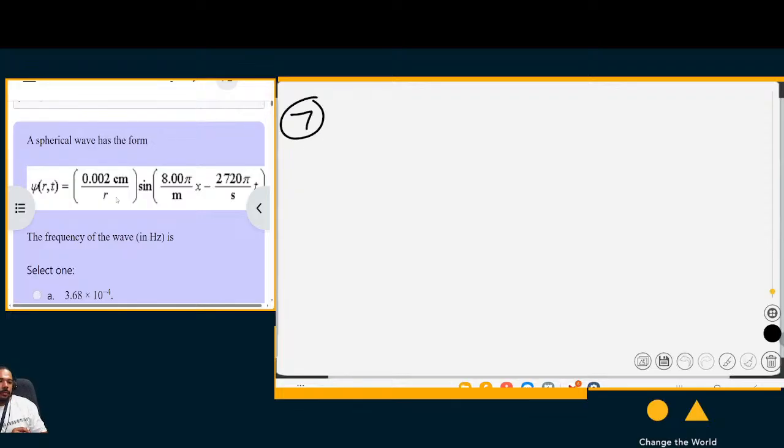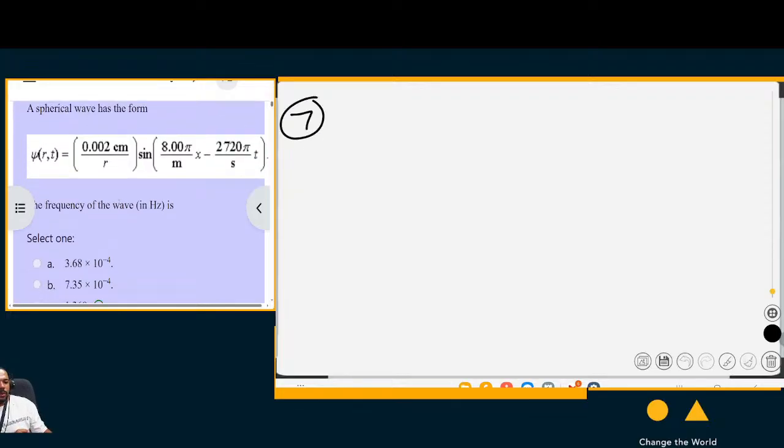Question 7. A spherical wave has that form. The frequency of the wave in hertz is... so we have this spherical wave. What is its frequency? Now, we know that a spherical wave can be written in that form.